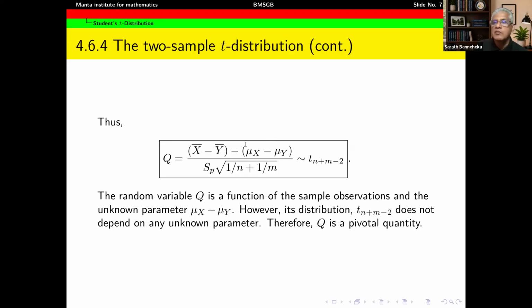We will discuss the inference part later on. So this is a pivotal quantity useful to make inference regarding mu x minus mu y when we have two independent samples from two normal distributions with equal variance.